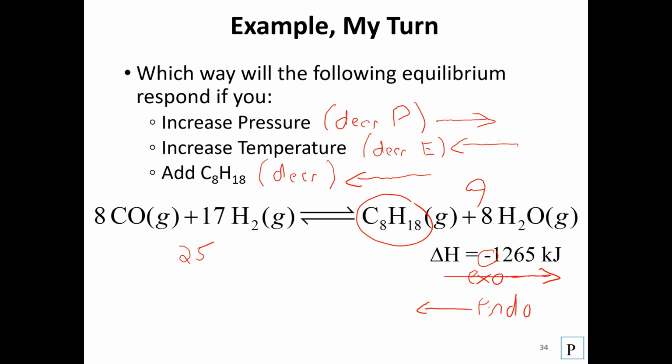Now that one's kind of tough to think of that way. There's a lot of little steps there. So I've got an easier way to think about it. I think it's easier. Let's draw ourselves a reaction progress diagram, as we've learned to. So we have energy on this axis.